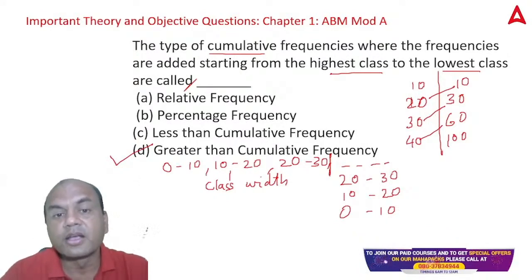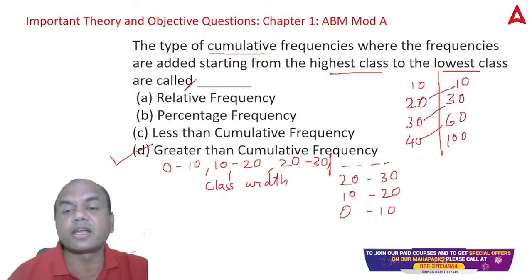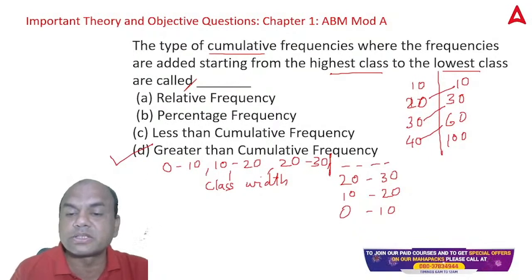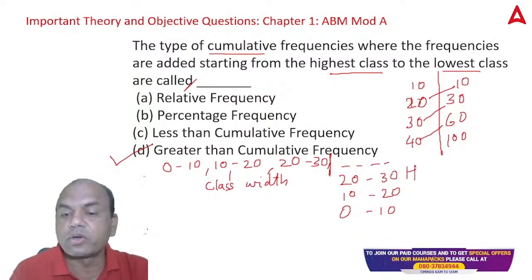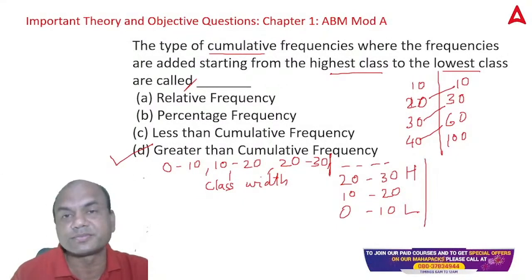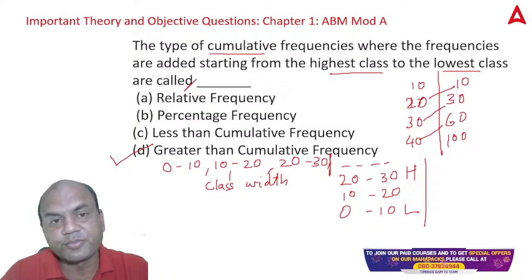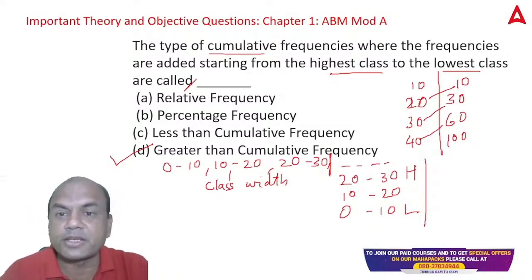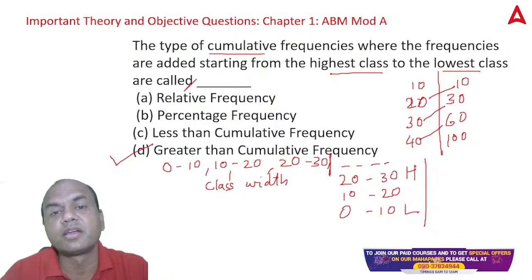Got it? Greater than means whenever I am starting from the highest and going to the lowest. If I am taking the reverse route, lowest to highest, then it is known as less than. Clear? Simple? Okay, move ahead. Type yes in the comment section, everyone.